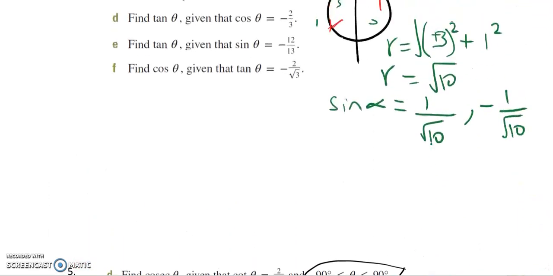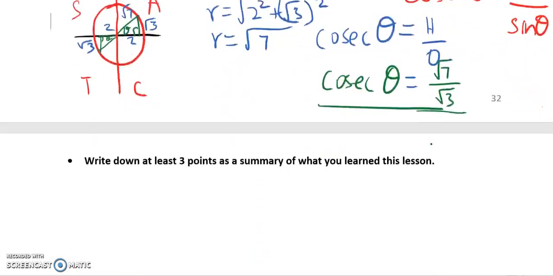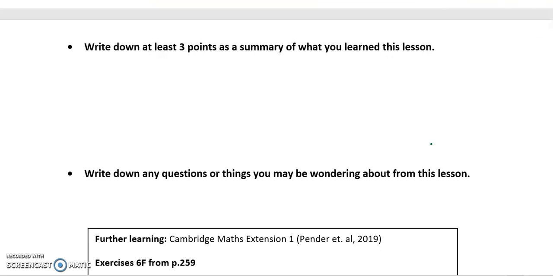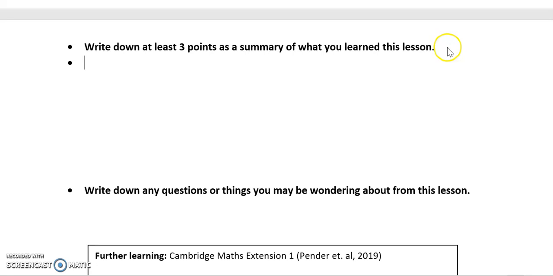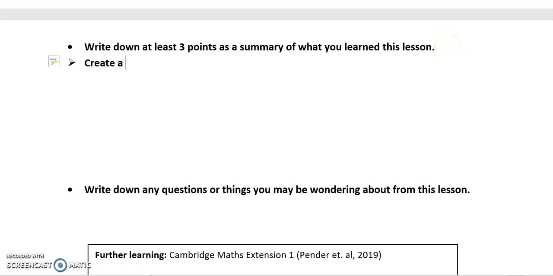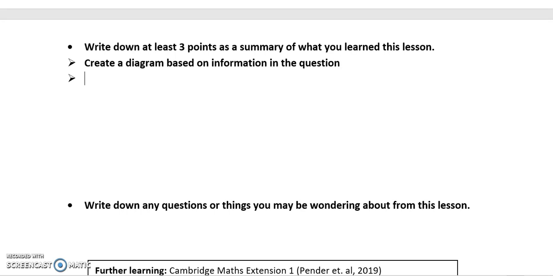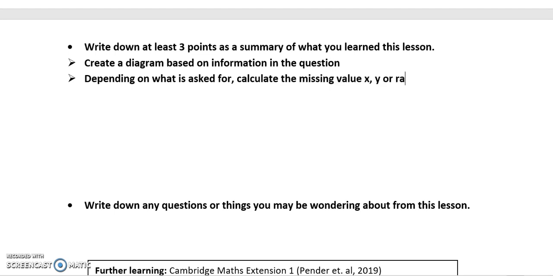Remember, what we've learned about in this section is we've learned to start with the diagram that you're given. Actually, start by creating a diagram. So the first step is to always create a diagram based on information in the question. Using that diagram, depending on what is asked for, calculate the missing value, x, y, or the radius.